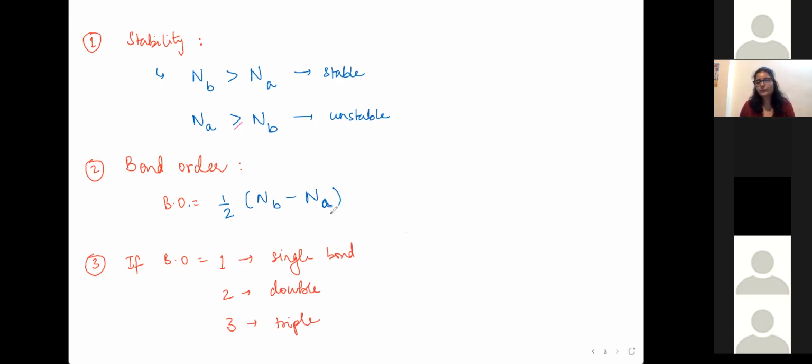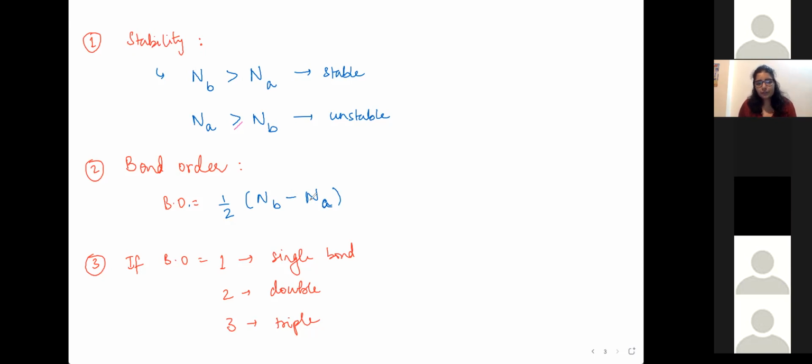It's whatever is noted here. Half of the number of electrons in bonding orbitals minus the number of electrons in anti-bonding orbitals. Logically, if you have a greater number of bonding electrons, then this is going to be a positive value, like 1 or 2 or 3 or 1.5, whatever it may be.